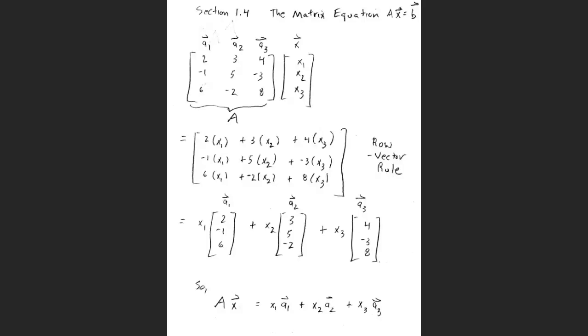Okay, we are recording. So we are now in section 1.4, and we're going to talk about a matrix equation. Right now you have learned about systems of linear equations, and you've learned the row operations.